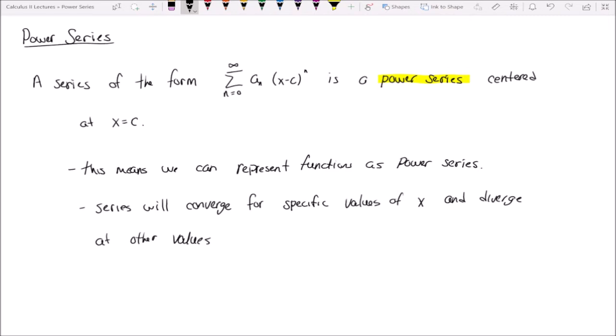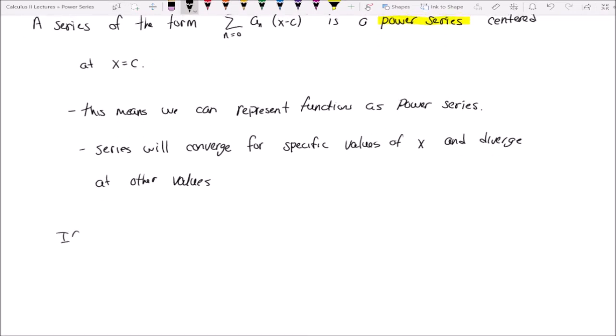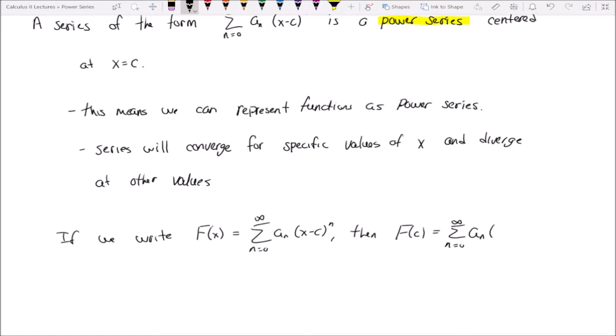All right, well, notice that if we write the function f of x as this series, then f of c would give c minus c to the n, which is 0, right?